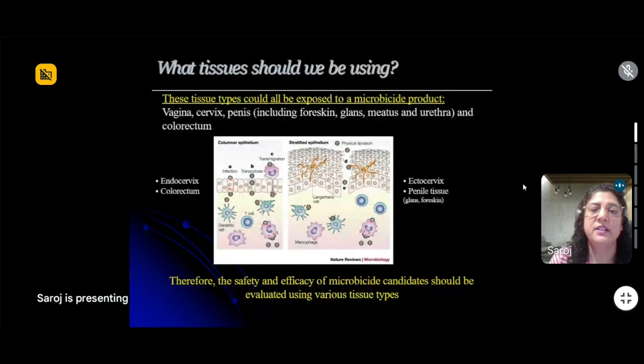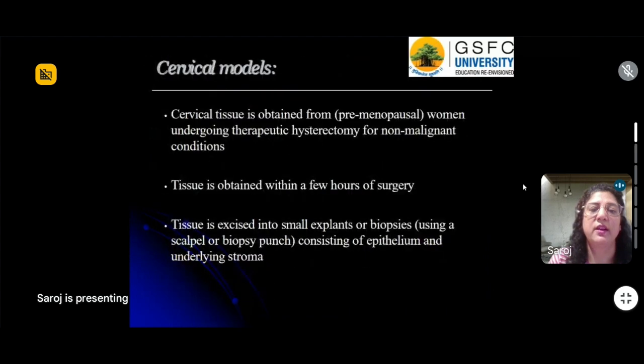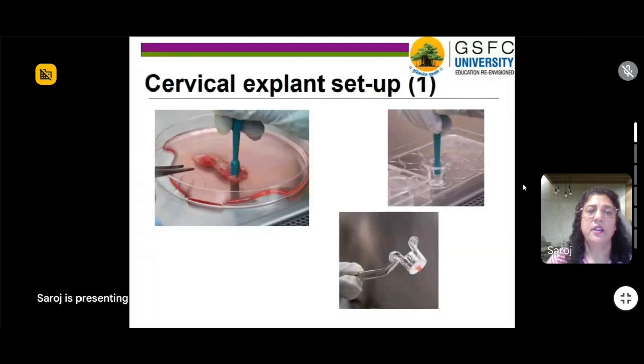And just very quickly, let me go over this. So I'll just show you one of the cervical explants. This is the cervical explant that has been taken from those women who had their cervix removed. They have undergone hysterectomy beyond a certain age, and you can see that this is an entire tissue.